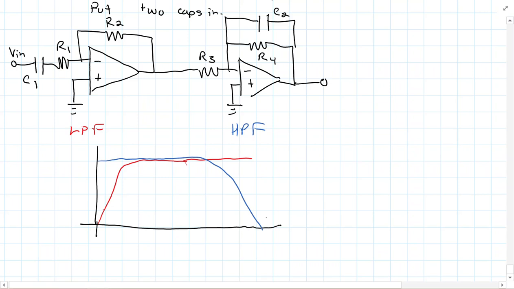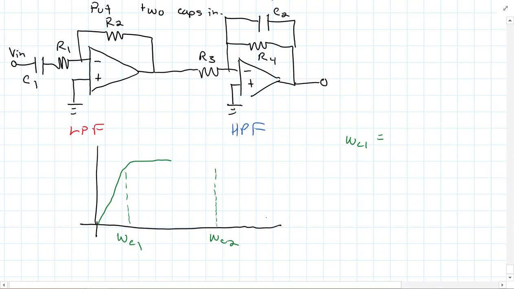So the overall filter looks like this here, but then let's look at these here. This omega C1 and then omega C2. Omega C1, actually I have those drawn backwards here. I said wrong things here when I drew these. So let me redraw this here.